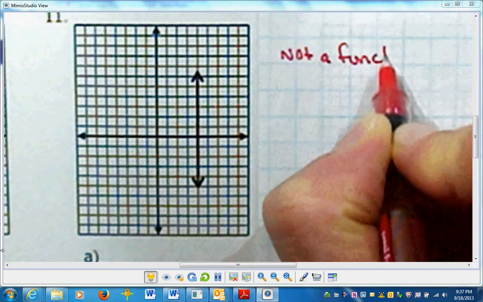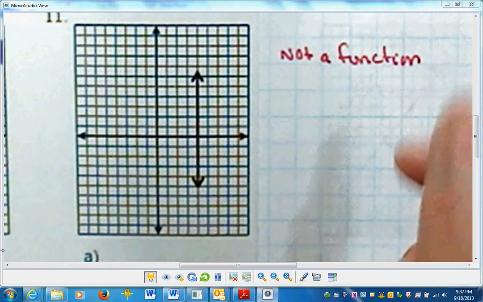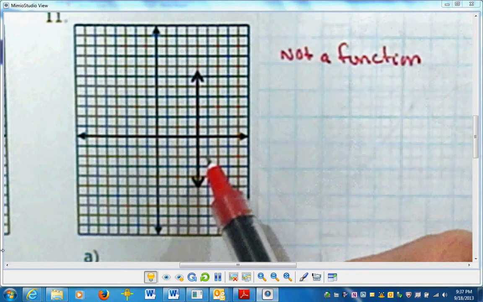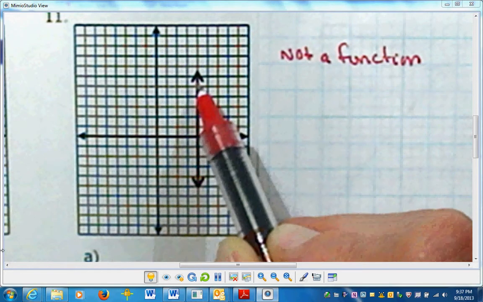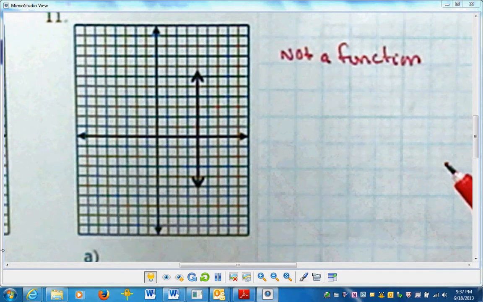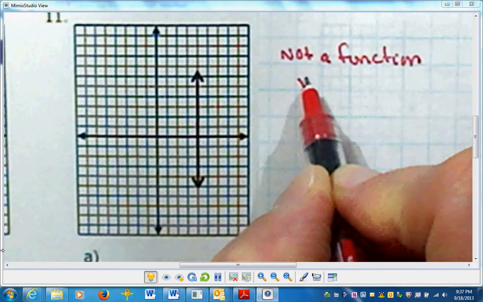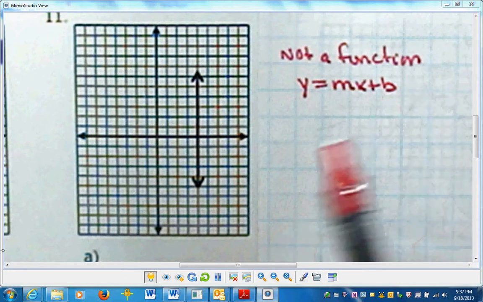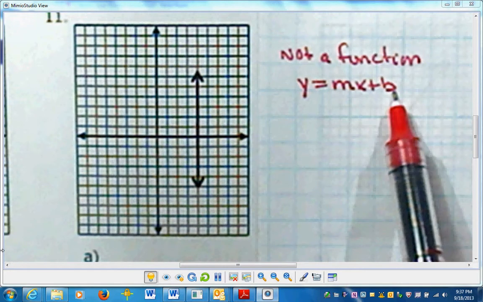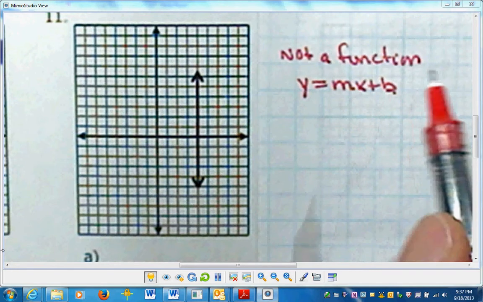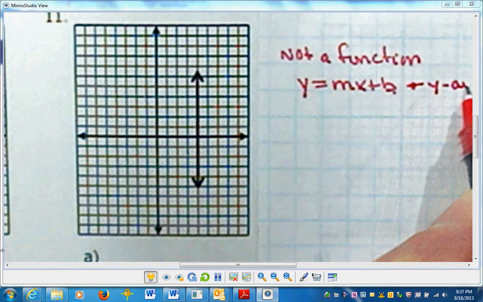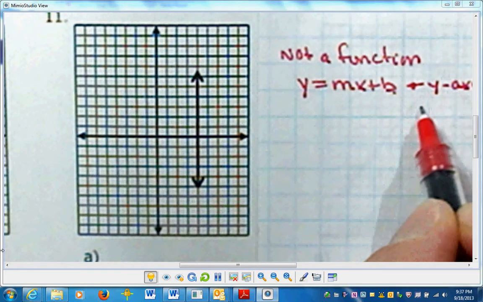In fact, if we were going to write the equation of this line, the slope is crazy. If we were to go to y equals mx plus b, first of all, let's talk about b. That's a nice place to start. b is our y-axis intercept.